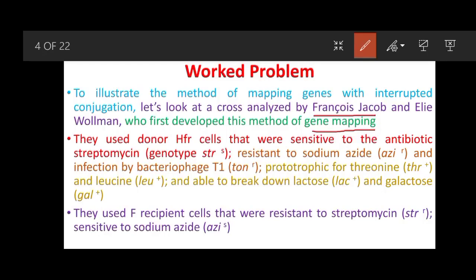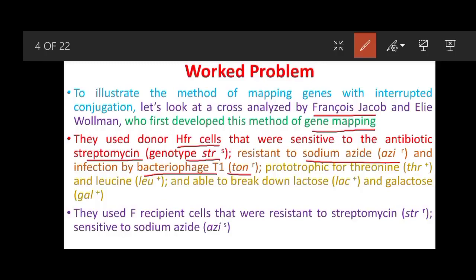They used donor high frequency recombinant cells that were sensitive to the antibiotic streptomycin, and the gene for this streptomycin sensitivity is strS. These HFR cells were also resistant to sodium azide, the azi gene, and to infection by bacteriophage T1, and this gene is tonR.